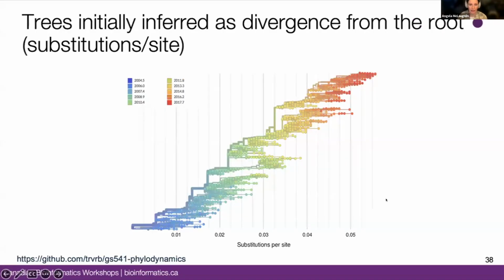So let's have a quick look at how this might work. This is an influenza tree from Trevor Bedford. Initially, trees are typically inferred using divergence from the root in terms of substitutions per site. You could also have this just as substitutions or mutations if you multiplied by the width of your alignment.